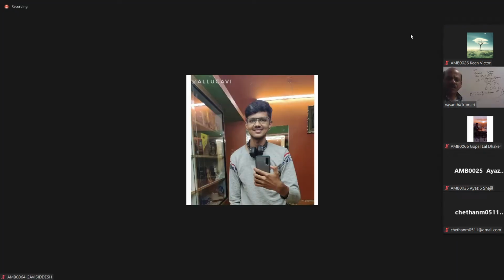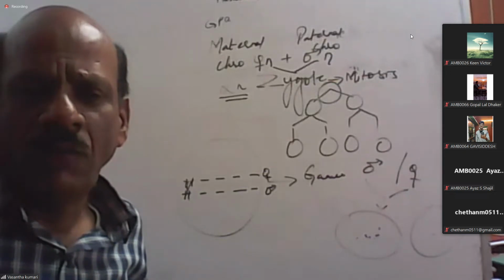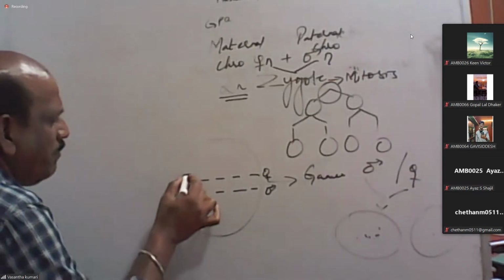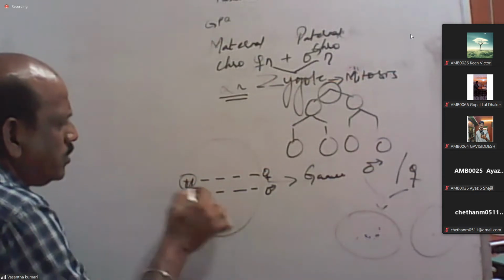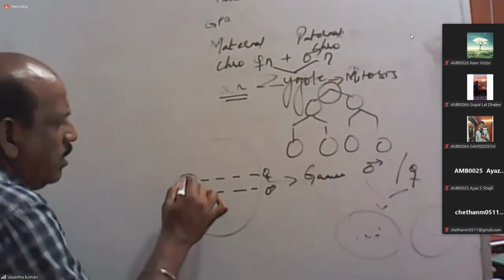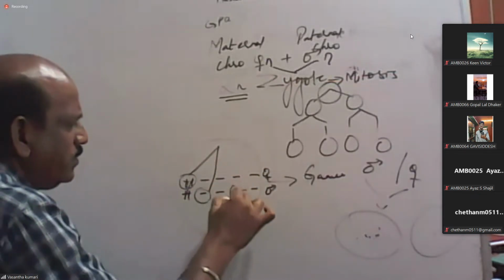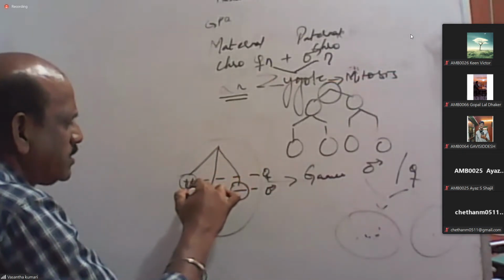There's another event that takes place during meiosis. One is crossing over. The other is, say for example, you have one chromosome here, the other chromosome here. Now, this chromosome can move here, this also can move here.